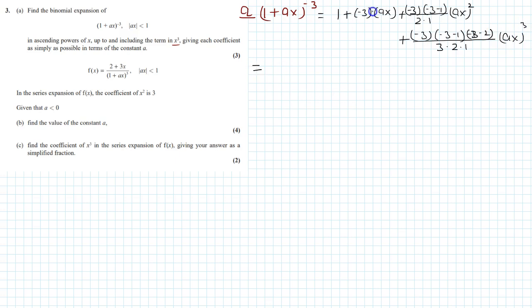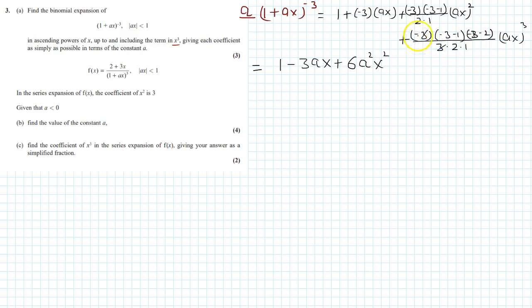So that is equal to 1 minus 3ax. This is minus 4 divided by 2, this is minus 2, 3 times 2 is 6, plus 6 a square x square.